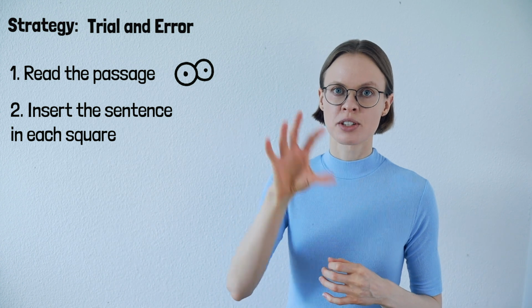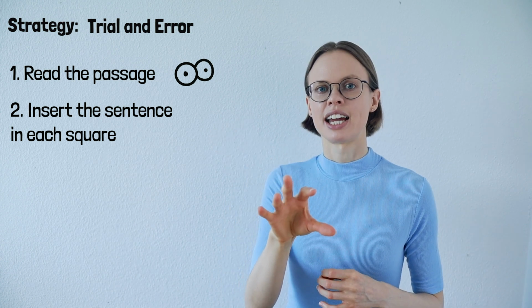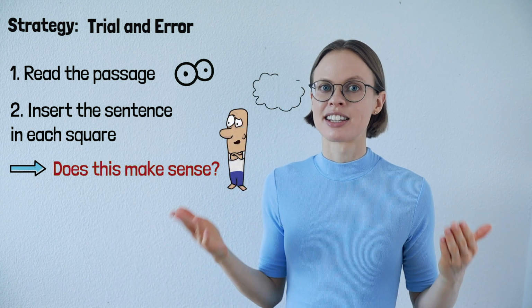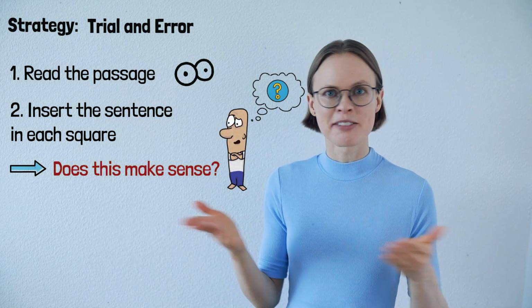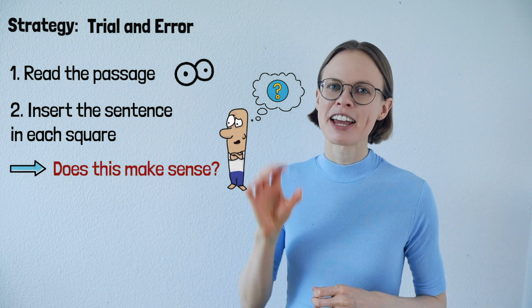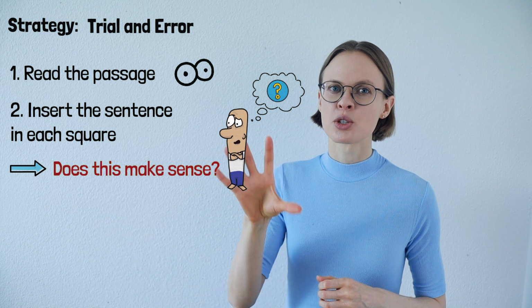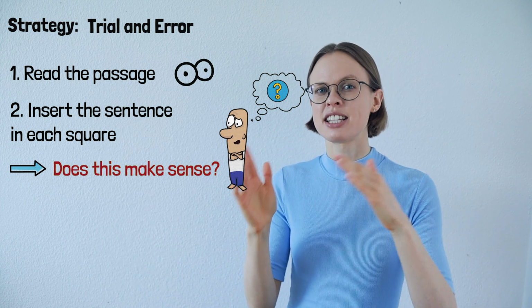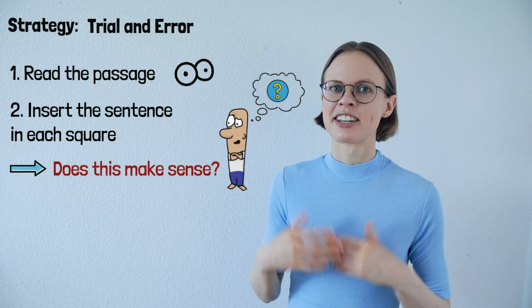So you go to the first square, you insert the sentence and you ask yourself, does this make sense? If the sentence doesn't fit because it doesn't make any sense, you go on. If you think, it may fit there, try the other squares nevertheless, because it may be that there is a place where this sentence fits better.